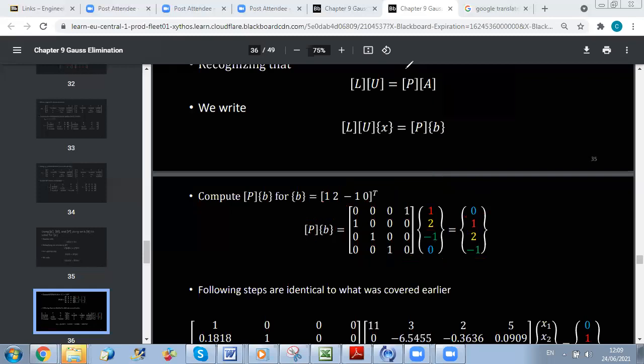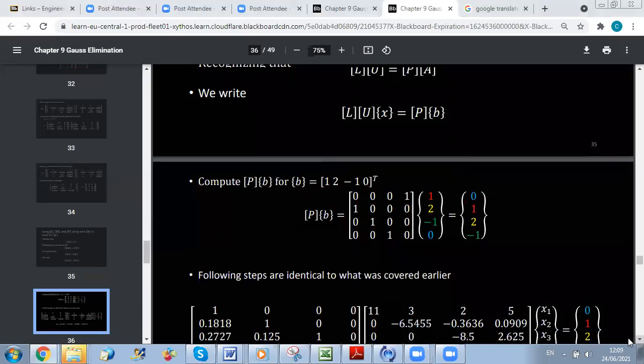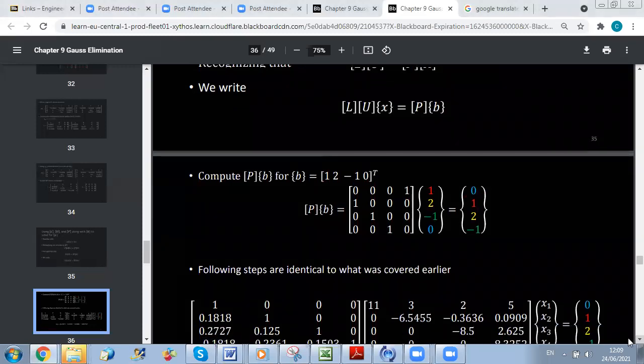And now we will start with the forward substitution procedure. The first step will be to calculate vector D. How to calculate vector D?